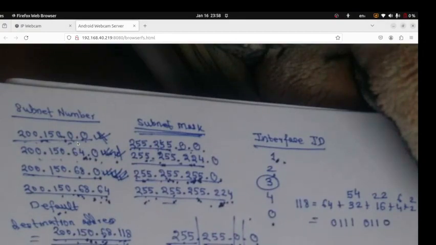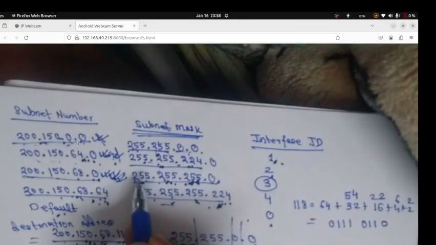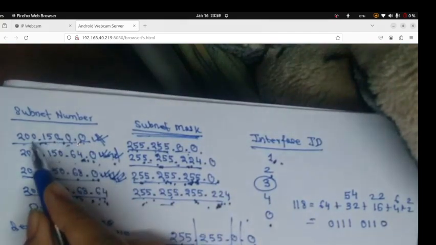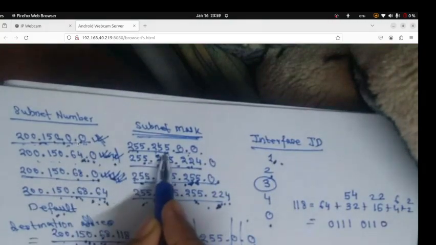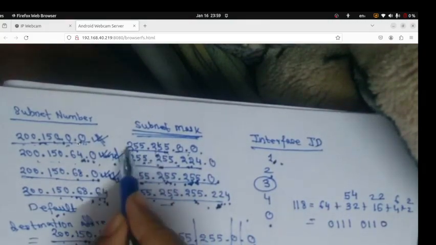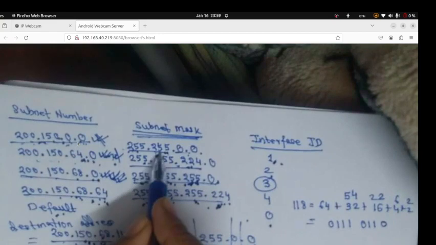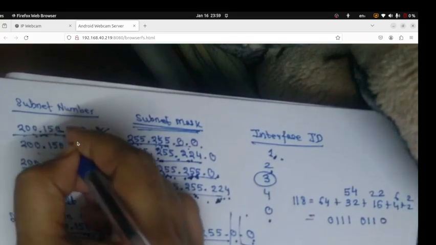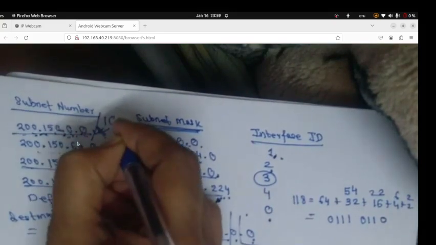But before, I solved it using prefix, using slash notation, to find out the prefix. Here also, suppose for this particular network, this is the network address and this is the mask. Mask means the length of the prefix. Here the length of the prefix is 8 plus 8, 16. So I can write this network as 200.150.0.0/16.